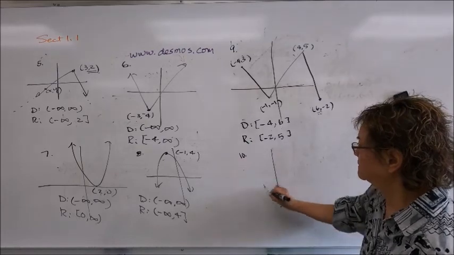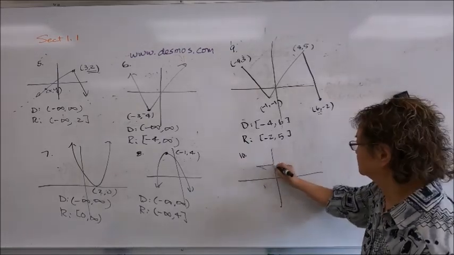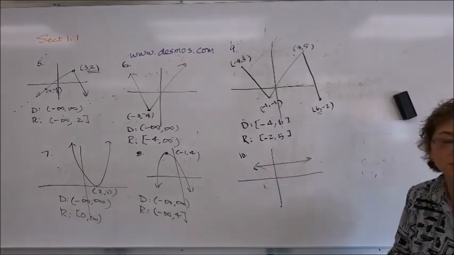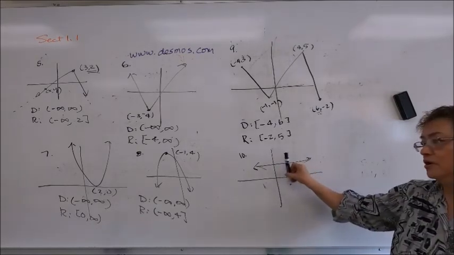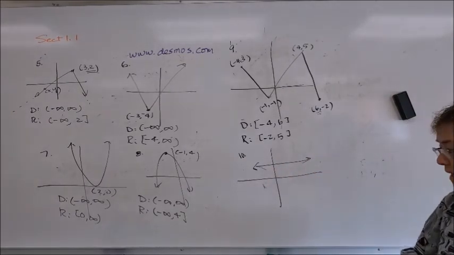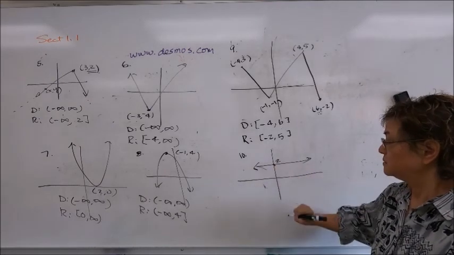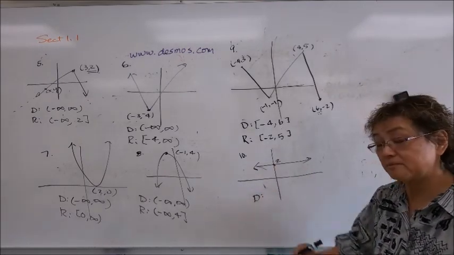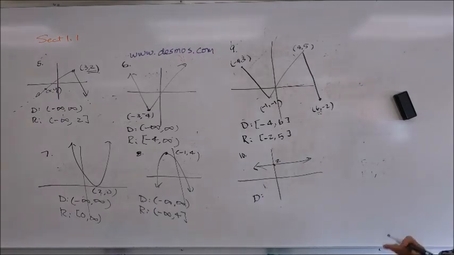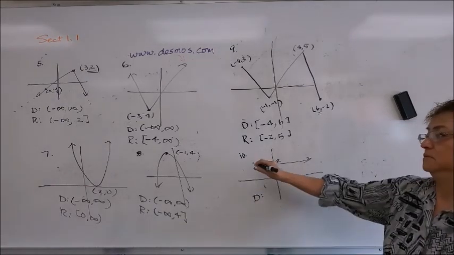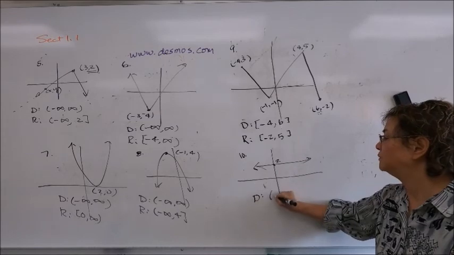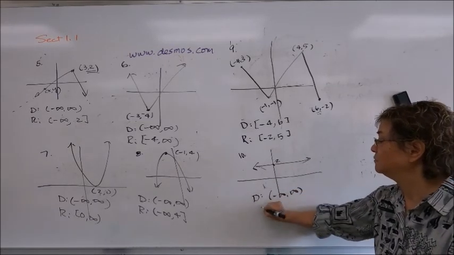Okay? For 10. Horizontal line. Is this a function? Vertical line test. Right? So this number maps to 2. So what's your domain? All possible x values. How far you can go left and right? Of course, all real numbers. What's your range?